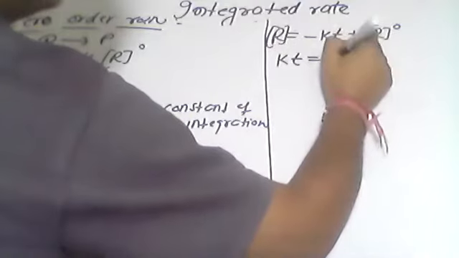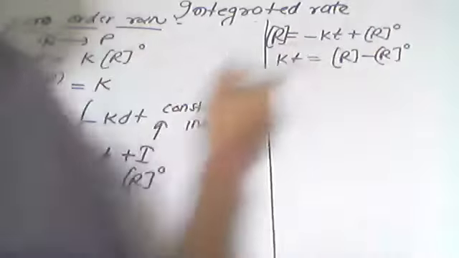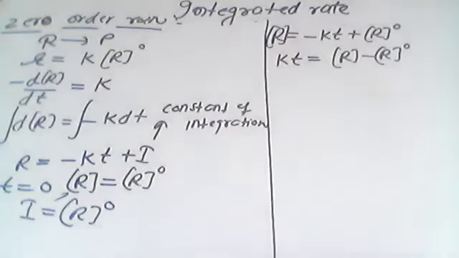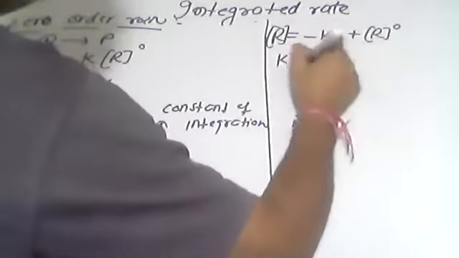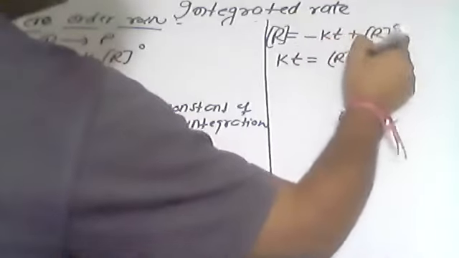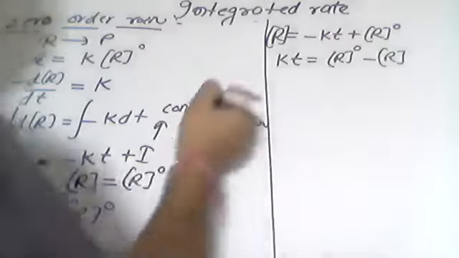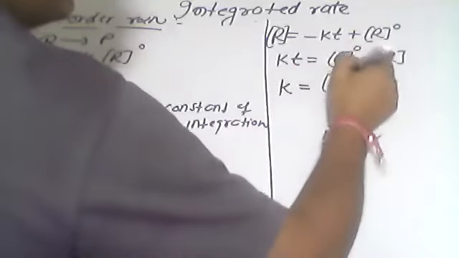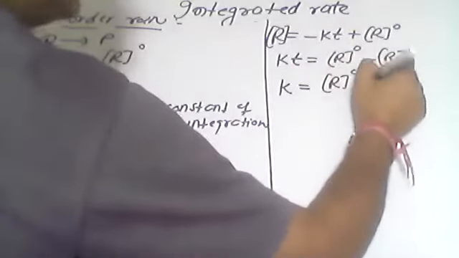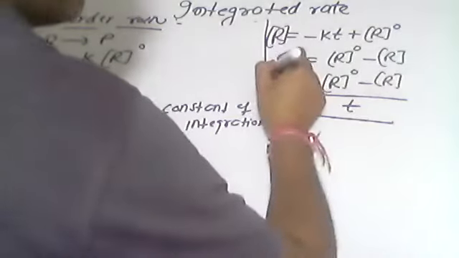So kt will be equal to [R] minus [R] naught. Wrong, I've done it wrong, sorry. kt will be equal to [R] naught minus [R]. From here, k will be equal to [R] naught minus [R] divided by t.